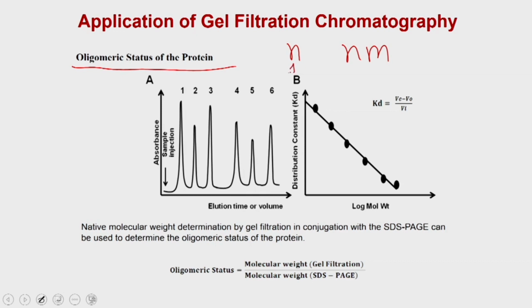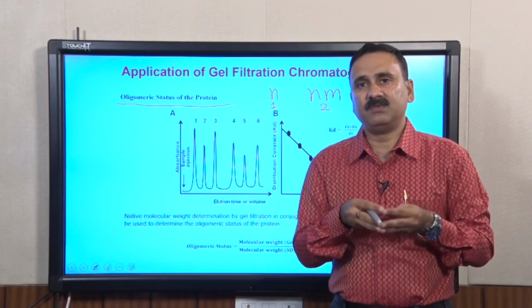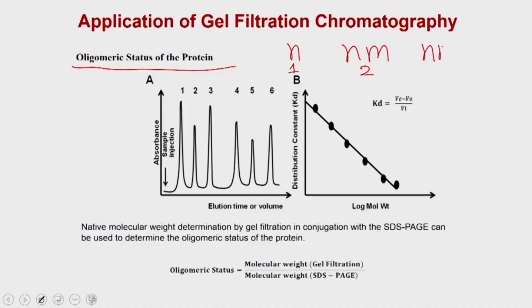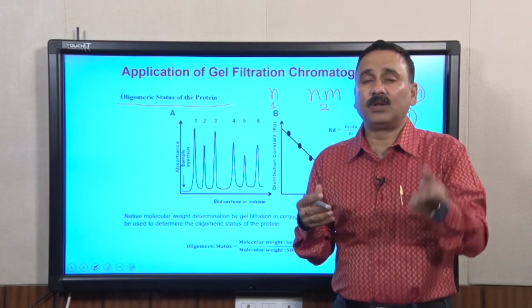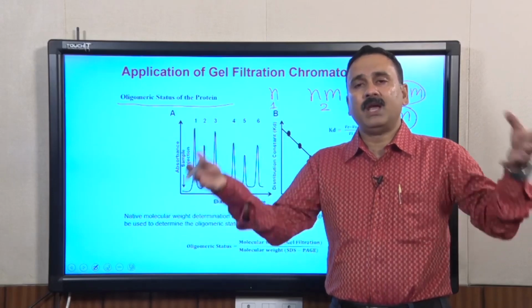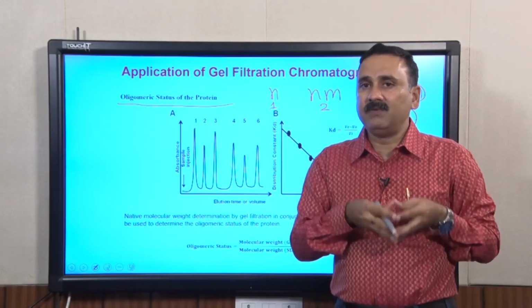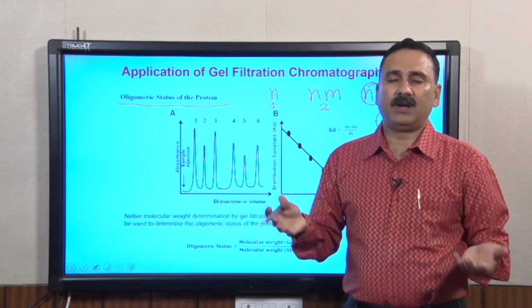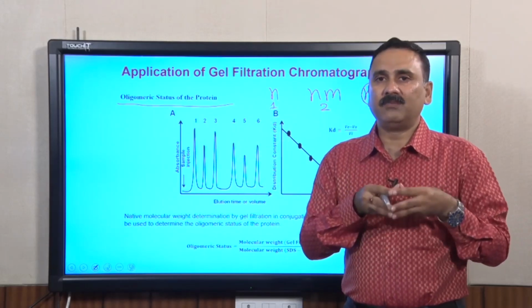In this case the oligomeric status is monomeric, whereas in this case it could be homodimeric or heterodimeric, which means it could be either NN or MM, or it could be NM. This is the heterodimer, and these two are called homodimers. Similarly, it could be a tetramer or a pentamer. How many subunits associate with each other to give you the final protein is called the oligomeric status of that protein.